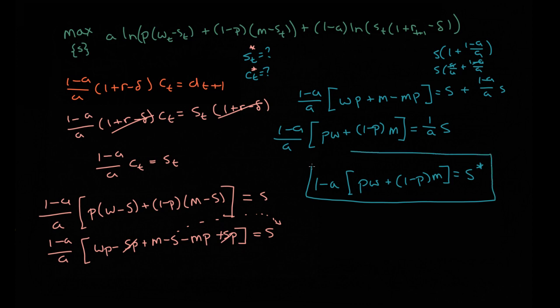Now, using this S star, we can just plug that straight back into our consumption, and that'll give us our C star. And so we know that C_t, again, is equal to the probability of a healthy life, minus s, plus the probability of an accident.